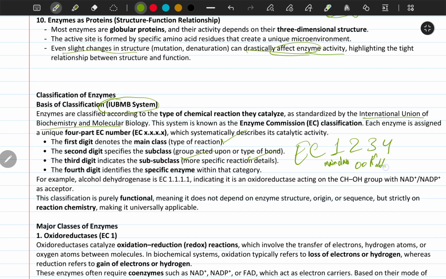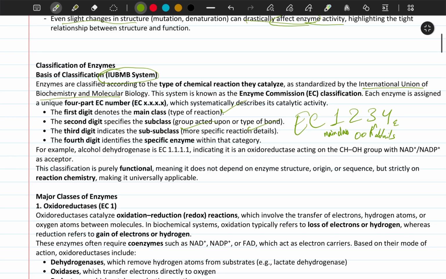The fourth identifies the specific enzyme within that category. For example, alcohol dehydrogenase is EC 1.1.1.1. It indicates that it is an oxidoreductase acting on the CH-OH group with NAD+ or NADP+ as acceptors.